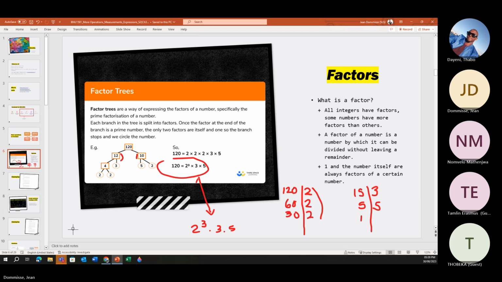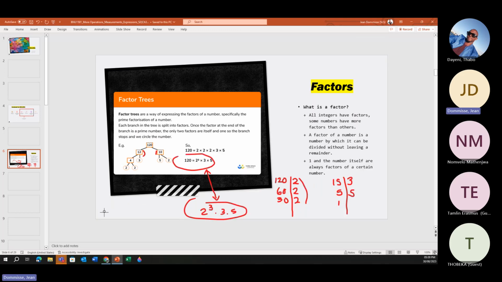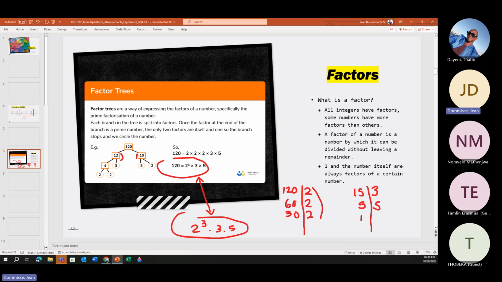So again, you can decide which one is easiest for you. I'll always give you some examples and extras of how I would work it out, but you can decide how you want to work it out and what's the simplest way for you to get to a final answer. In the end, you will have options A, B, C, and D, so you just need to get to those answers.